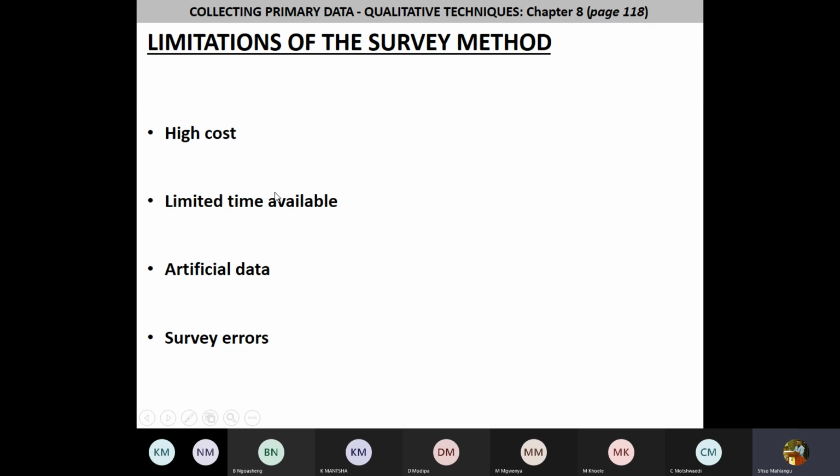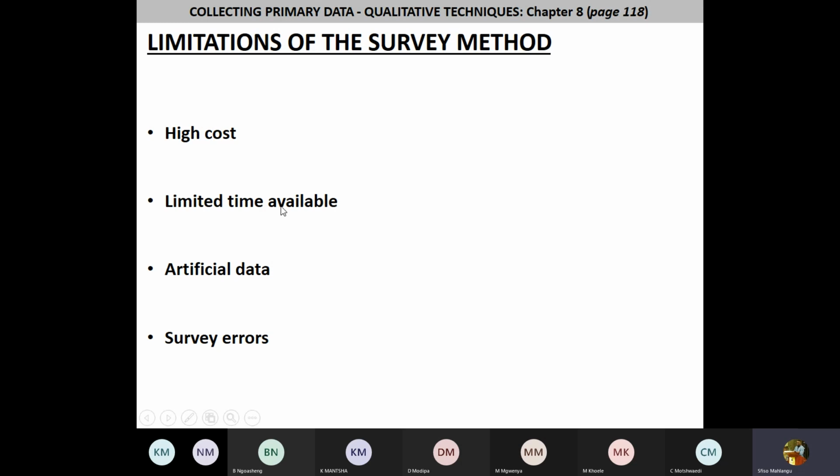We have limited time. It's already August now. If you're going to use a survey method, it will take more than 6 months for the interview process, because designing a questionnaire takes time. Getting the questionnaire approved takes another time as well. So with the survey method, you must give yourself enough time.